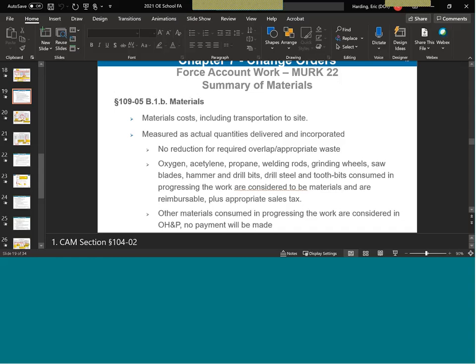Consumables such as oxygen, acetylene, propane, welding rods, grinding wheels, saw blades, hammers and drill bits, drill steel, tooth bits like saws. These are consumed in the progress of the work. They are considered to be materials, and they are reimbursable plus appropriate sales tax.